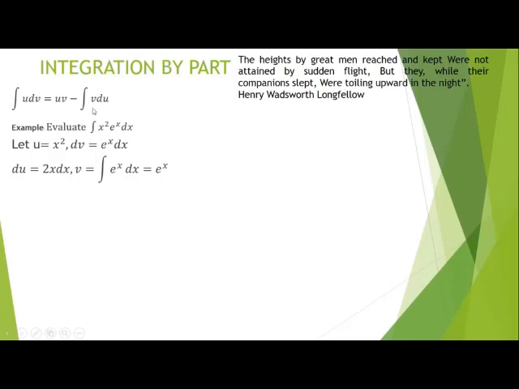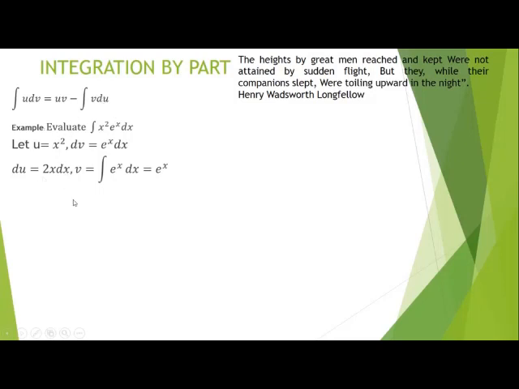Now, having done all this, the next thing we need to do is insert those values into this particular expression that we have. We have our u to be x squared, so here it becomes x squared. We have our v to be e^x, so we return e raised to x, and also our du is 2x dx.